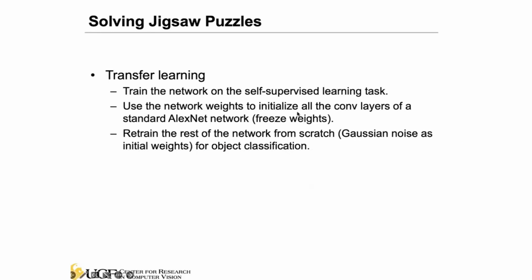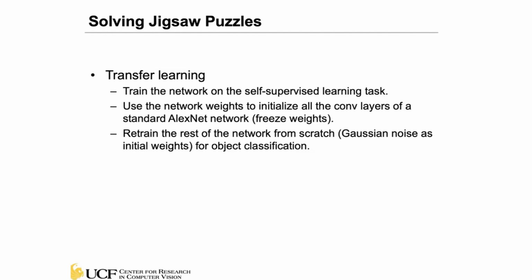So once the network is trained using this self-supervised learning task, they use these pre-trained weights, freeze them, and you can take this pre-trained network and fine-tune it on the downstream task. If you don't want to do the full fine-tuning, you can freeze these pre-trained conv layers and only fine-tune the classification layer.